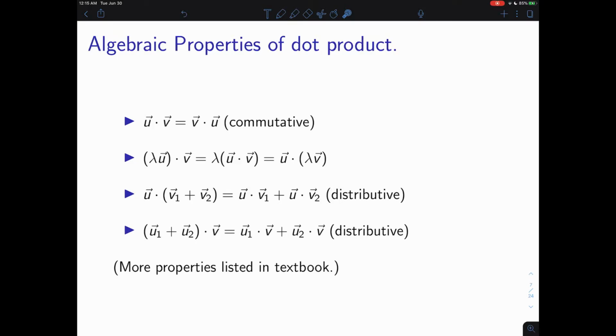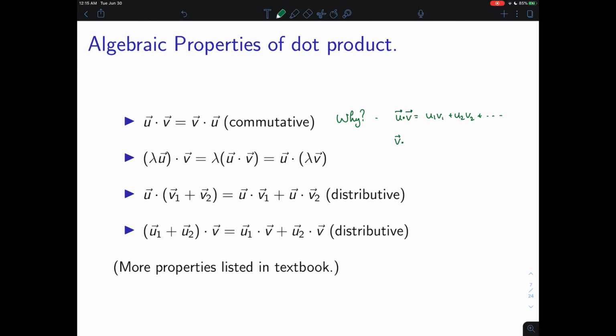It's kind of fun to think about why it might be true. So let's just look at the first one for a minute and think about why that might be true. Well, u dot v is u1 v1 plus u2 v2, and you keep going like that till the end.